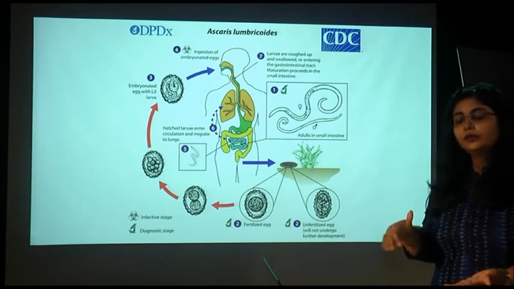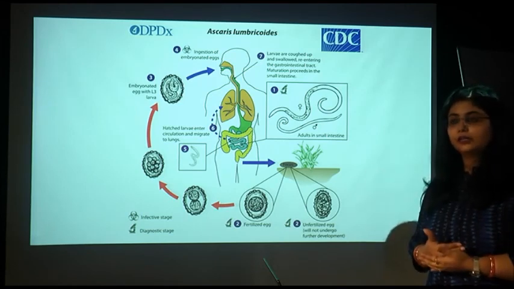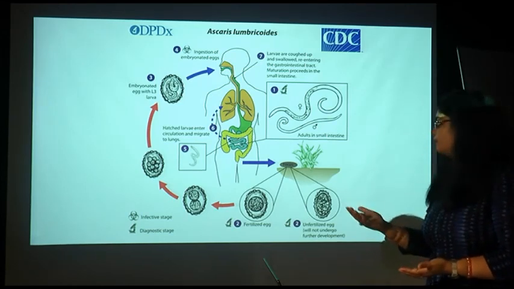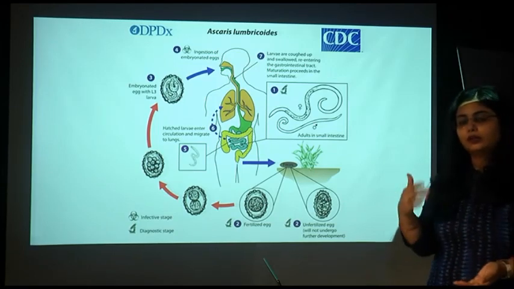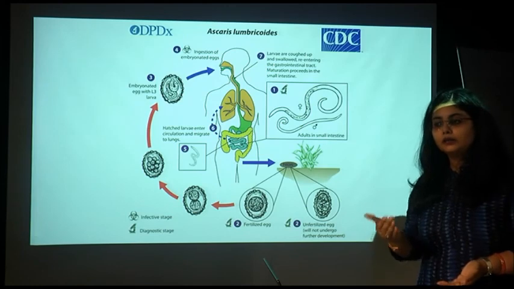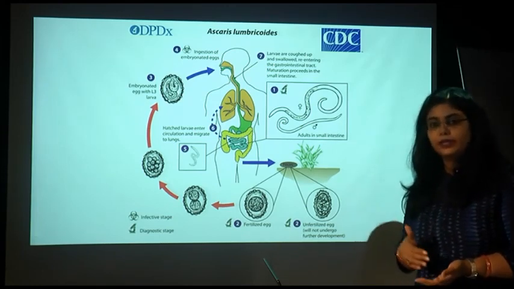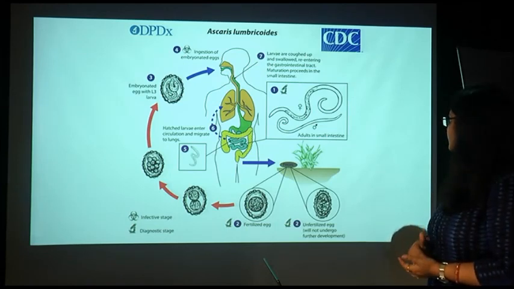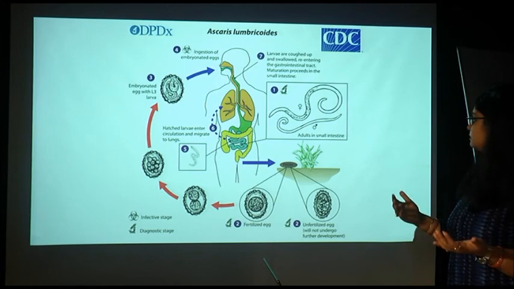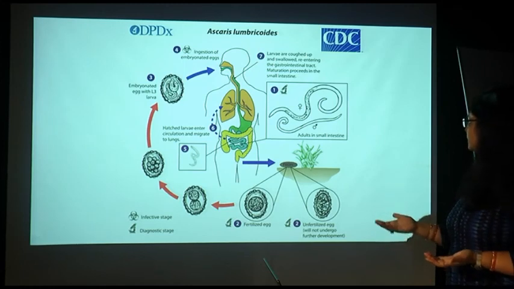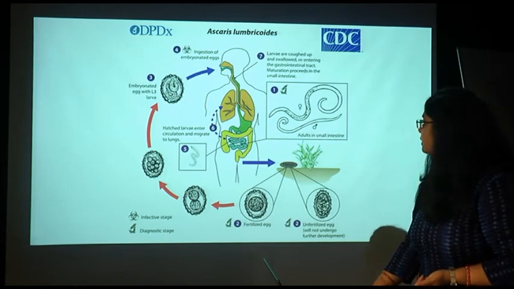From the liver, through the systemic circulation, they go to the lungs, where they incubate for about 10 to 14 days. From the lungs they climb up and enter the digestive tract again, are swallowed, and are taken again to the intestine, where they copulate, and then the eggs are produced again and released through the feces into the environment.